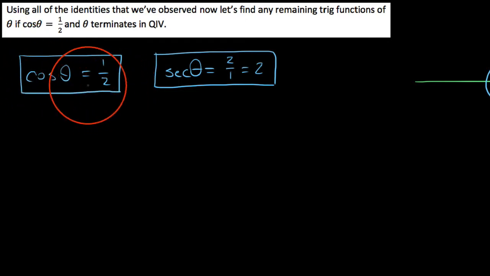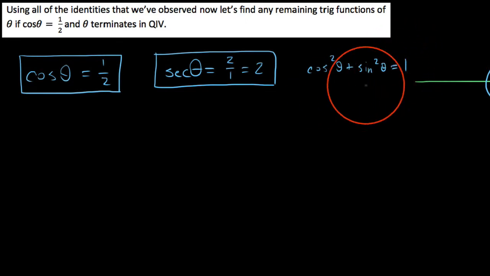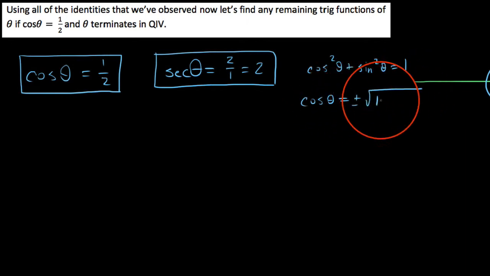The next one on the list we're going to go after: knowing cosine, we could use the Pythagorean identity to find the sine. Recall that the cosine of an angle squared plus the sine of an angle squared is equal to 1. But an alternate form of this very same identity is that the cosine of theta is plus or minus the square root of 1 minus sine squared of the angle.